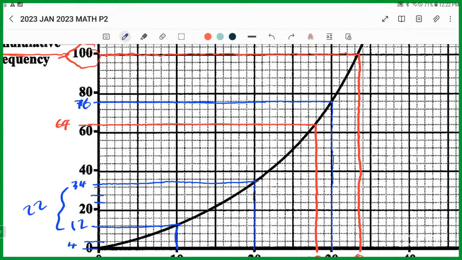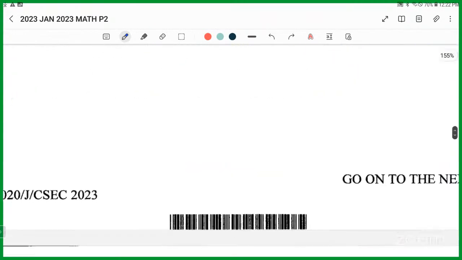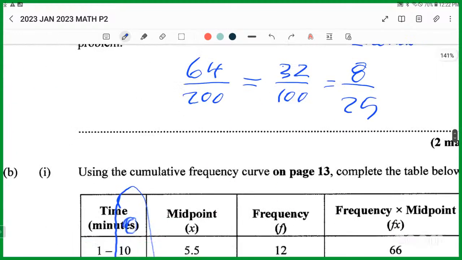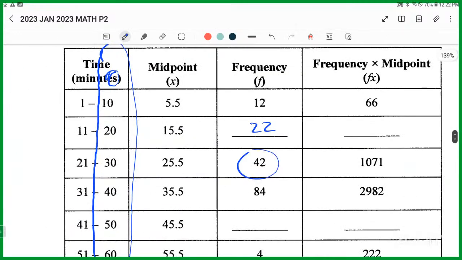See that? Inside there, we have 42 students in that group. 76 minus 34 is 42 students. So the frequency in that group is 42. Now look at this 42 down there. See there, 42.